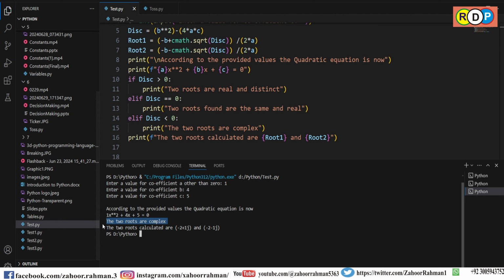What are those two roots? That is 1j and minus 1j. It means it is not 0, so it is complex, and that is the imaginary part of this. So that was the whole story about this.